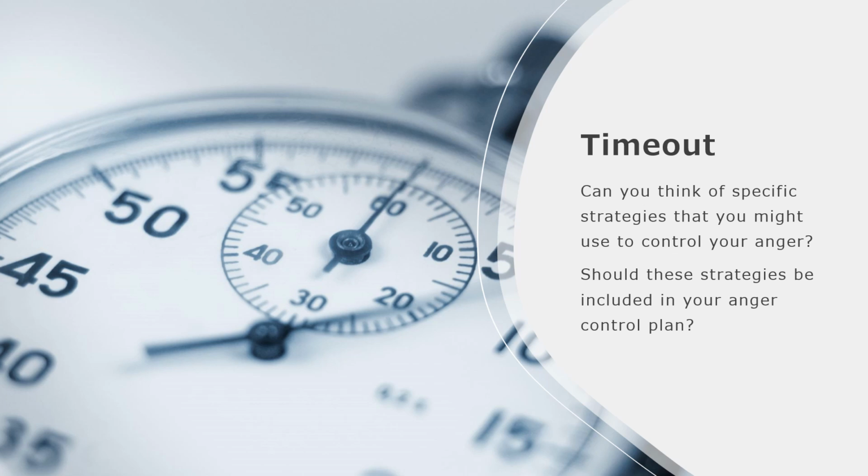provoking it. It's possible to also develop a formal timeout policy with family and friends. A formal timeout involves relationships with other people. It's going to require an agreement or a plan that's been drawn up in advance. And these relationships might involve your family members, your friends, your coworkers.